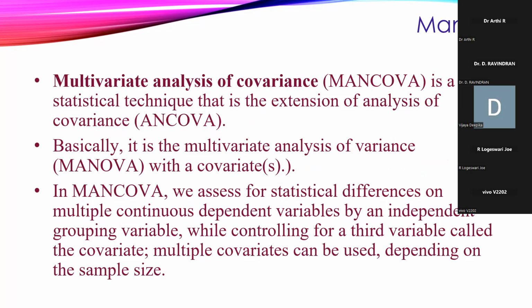So MANCOVA is ANCOVA multiple times, or multiple ANCOVA is called MANCOVA. It is a statistical technique that is an extension of ANCOVA. In MANCOVA, we assess the statistical differences of several dependent variables by an independent grouping variable while controlling for a third variable called the covariate. Sometimes you can also use multiple covariates.